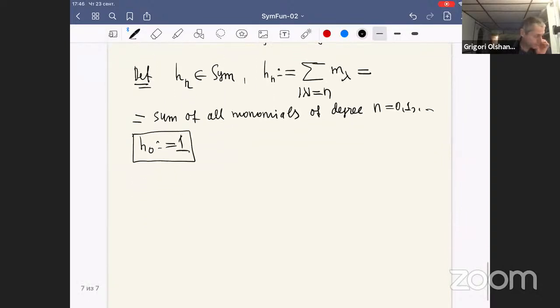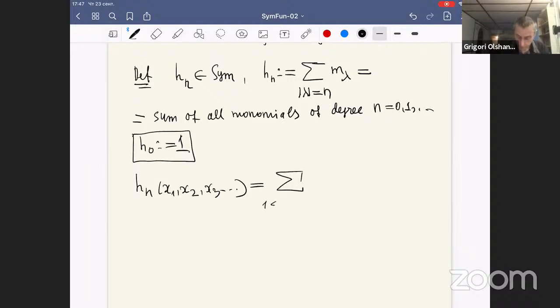What I would like to say is this is equivalent: if you have some ordered set of variables, then we can write this definition as follows.